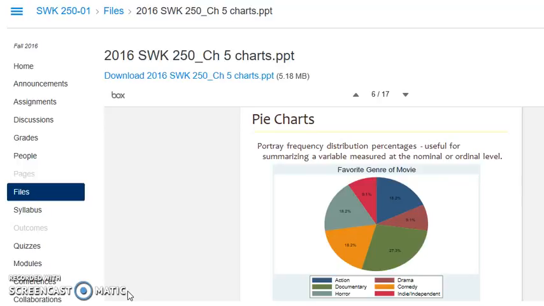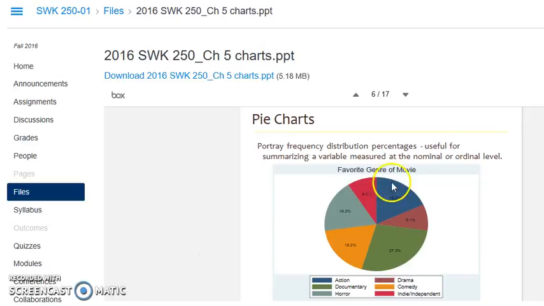So typically in practice, folks will use a pie chart when displaying visually the results of their analysis with a variable that is nominal level. So for instance, here it says genre of movie, the favorite genre of movie.